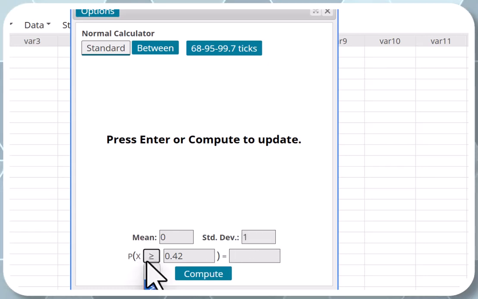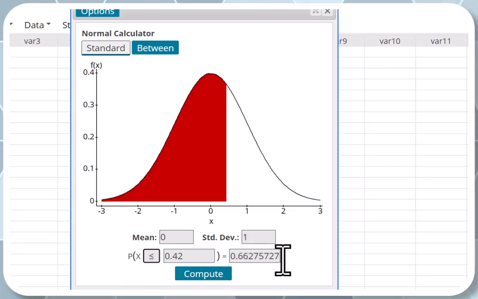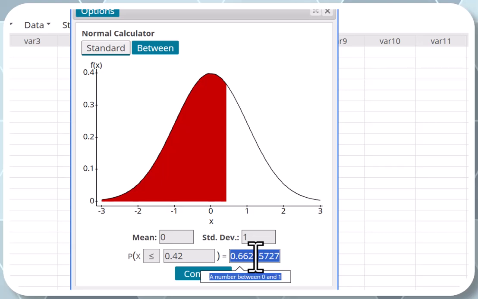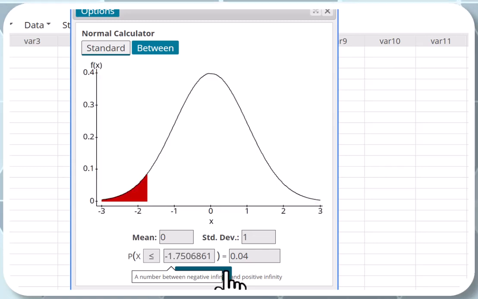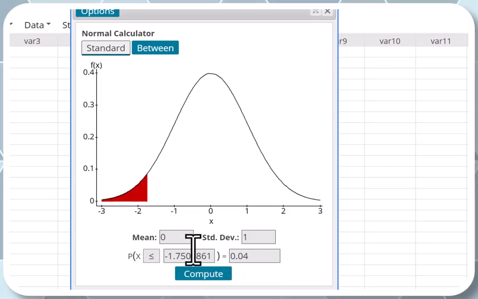Area to the left, you have to use a less sign. And this is where you put the area, guys, right here in the right box. So I'm going to put 0.04. You're going to see the z-score show right here. So it's negative 1.75. That's the answer for the z-score.